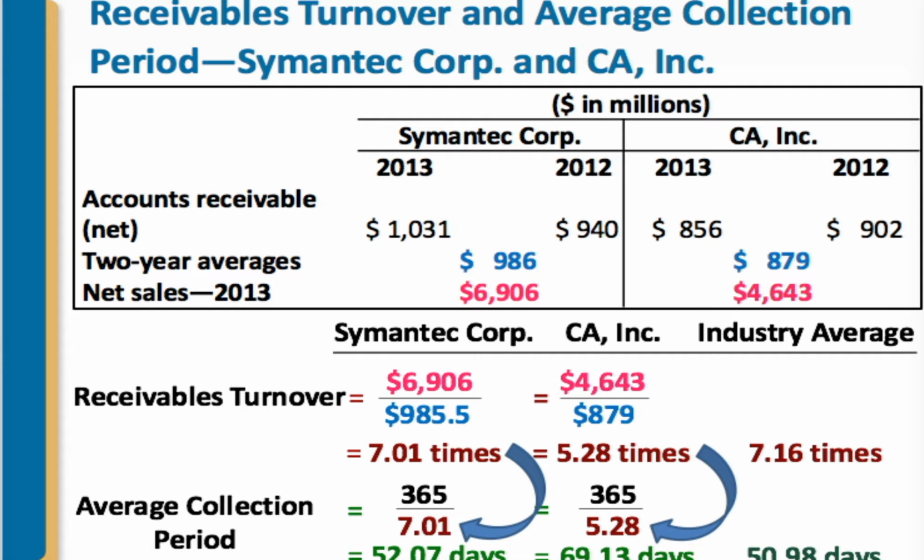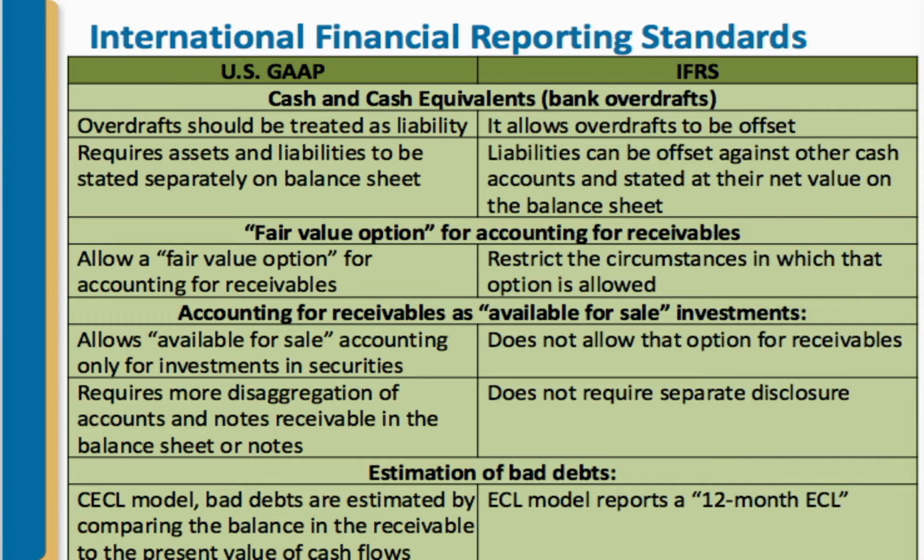A major portion of Symantec's sales of products like Norton antivirus software are made directly to consumers online who pay immediately with credit cards, thus significantly accelerating payment. CA, on the other hand, sells primarily to businesses who typically take longer to pay.